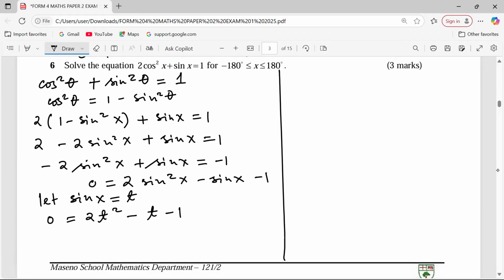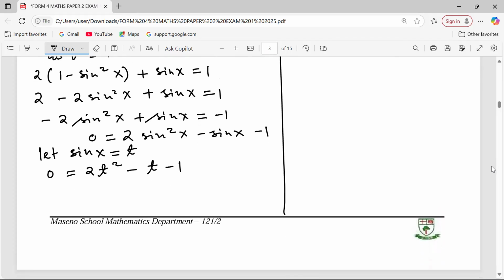Applying the factorization method means I need the product AC, so 2 by negative 1, giving us negative 2. Then the sum is the value of B, which is negative 1. So now this is going to be negative 2 and 1. Their product is negative 2, their sum is negative 1.